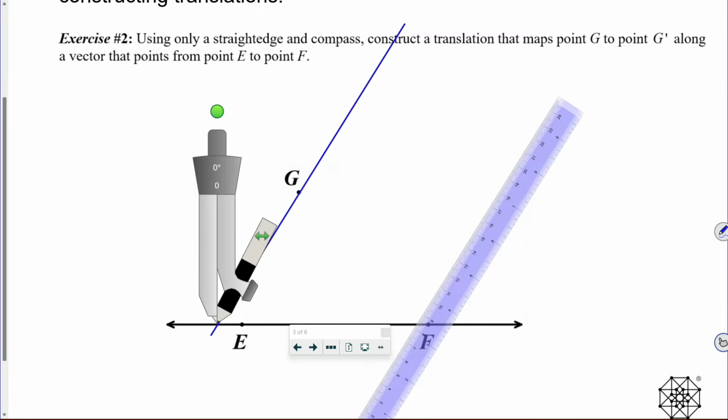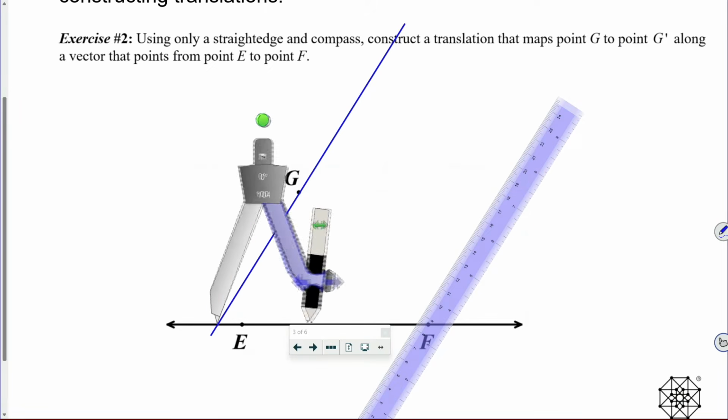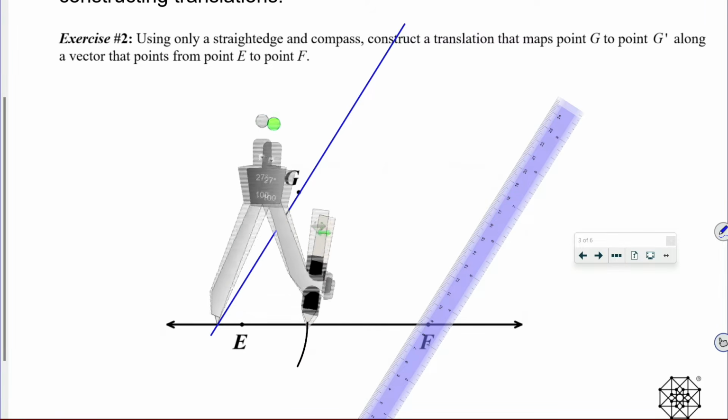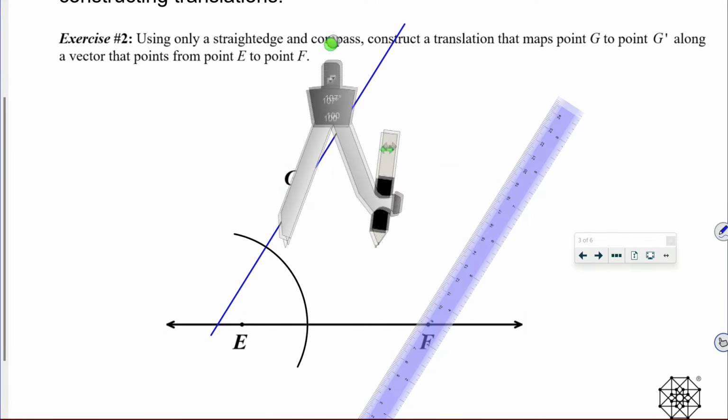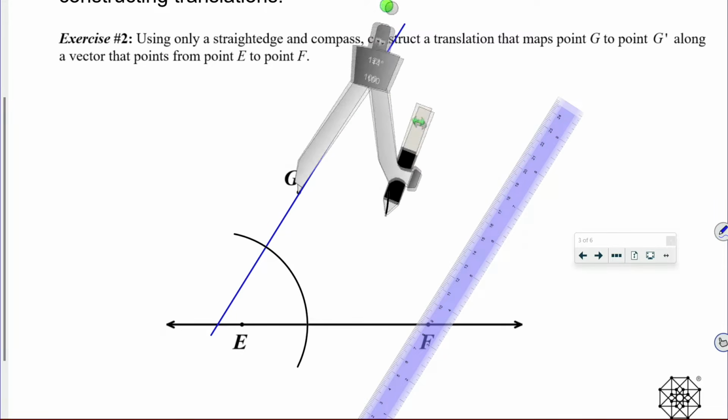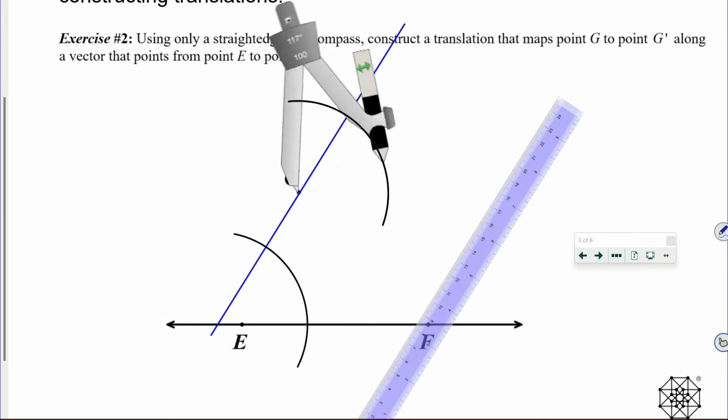I'm going to copy that angle by opening up my compass and trying to get the point more on that vertex. Let me move that out of the way. I'm going to draw myself an arc. I'm going to then move my compass up to point G, and I'm going to construct the same arc.